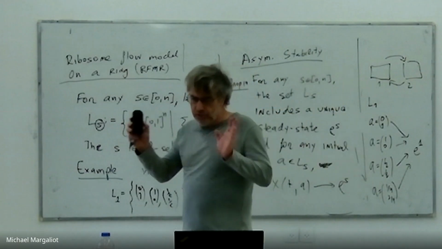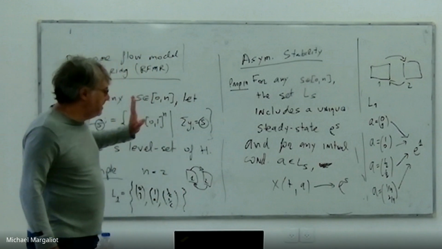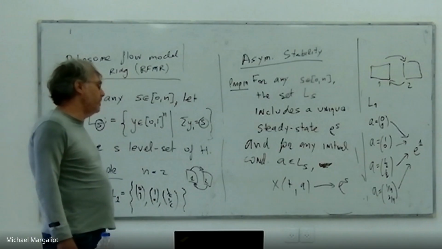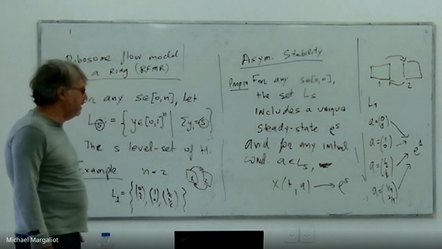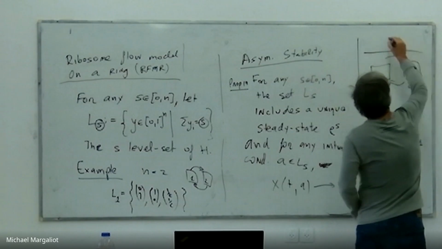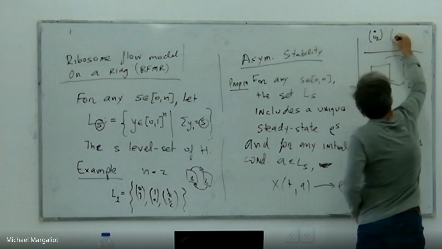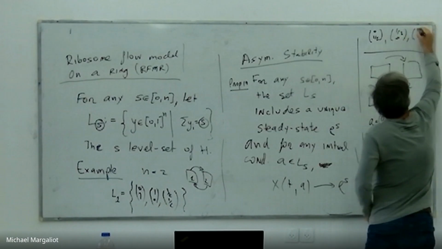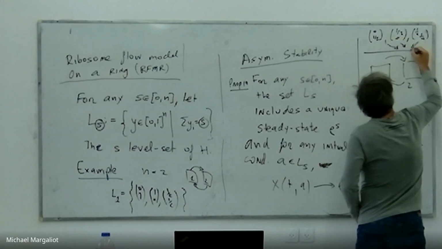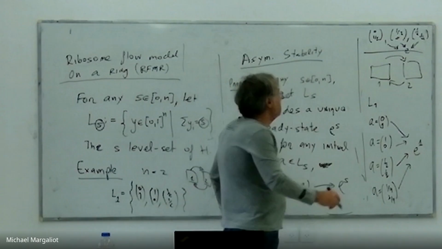When I look at all the initial configurations that belong to L1, and I simulate them and consider what happens, they will all converge to an equilibrium that I denote by E1. Now if I take different initial configurations, for example where the sum is 1/2, so this one, this one, this one, the solutions will also converge to a unique equilibrium, but now a different equilibrium, not necessarily E1. This is E1/2.